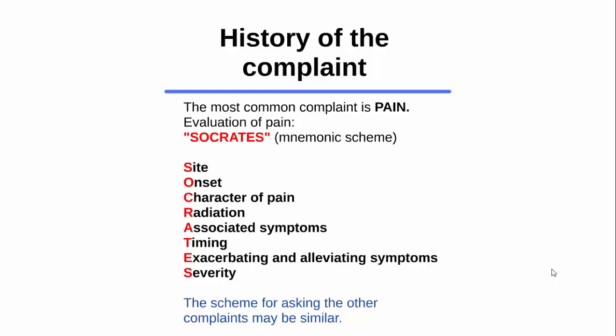A: Associated symptoms. T: Timing. E: Exacerbating and elevating symptoms. And a very important part is S: Severity of pain. You usually have to ask the patient the severity of pain according to the visual analog scale.